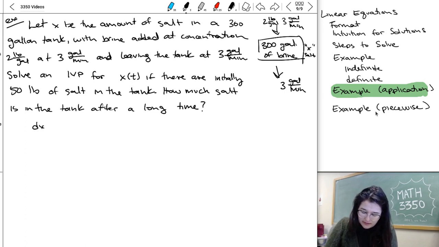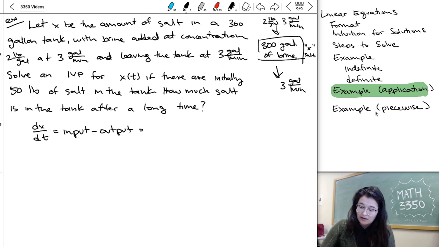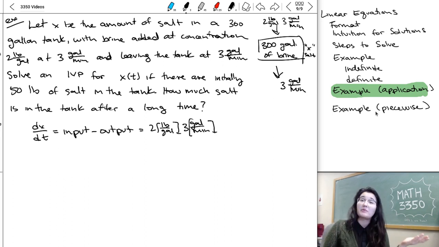So the change in the amount of salt in the tank over time is going to be the difference between whatever comes in versus whatever comes out. And what's coming in is 2 pounds per gallon of brine at 3 gallons per minute, or like we said before, 6 pounds per minute of salt.